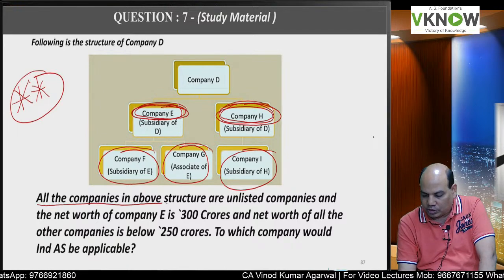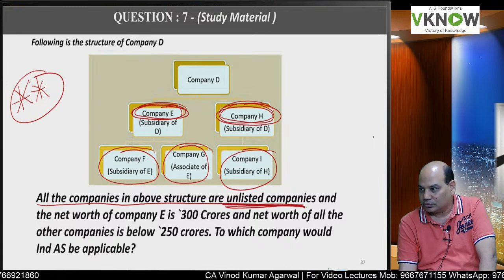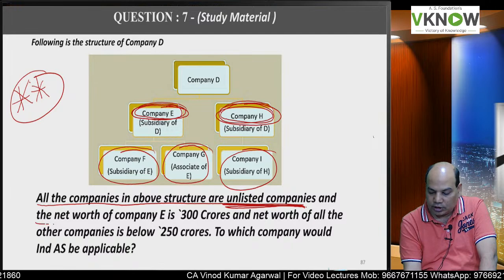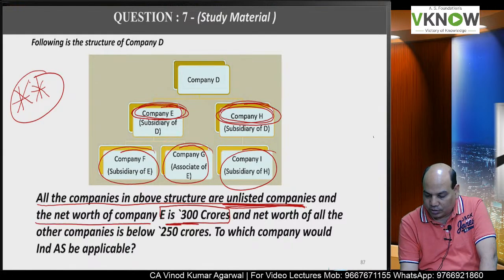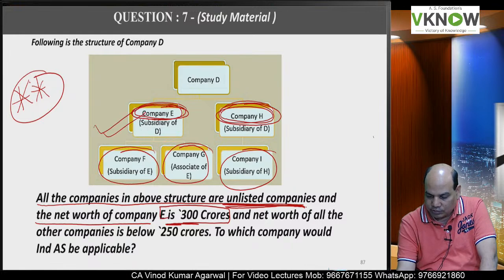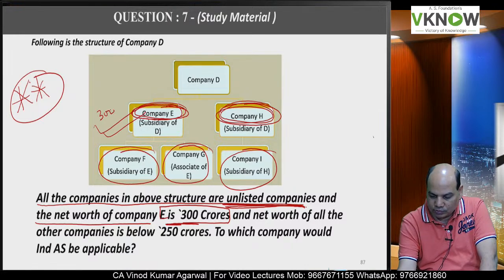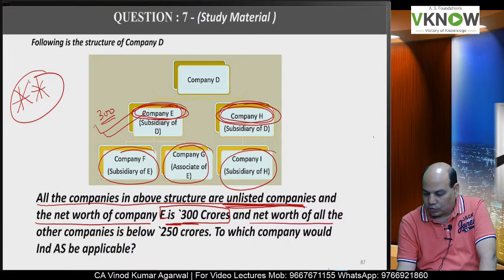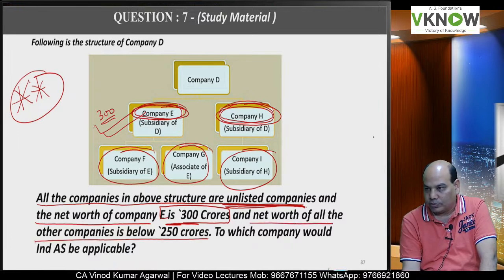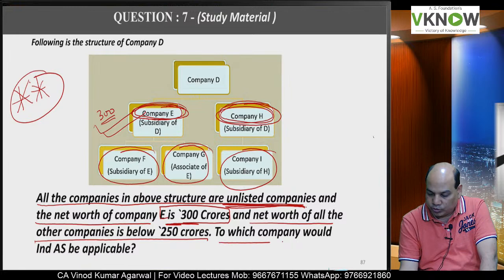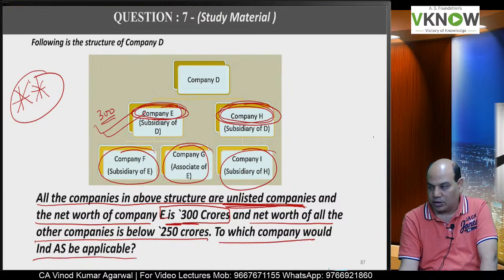All the companies in the above structure are unlisted companies, and the net worth of company E is 300 crore. So where is E? This is E. It is 300 crore, and the net worth of all other companies is below 250 crore. To which company would Ind AS be applicable?